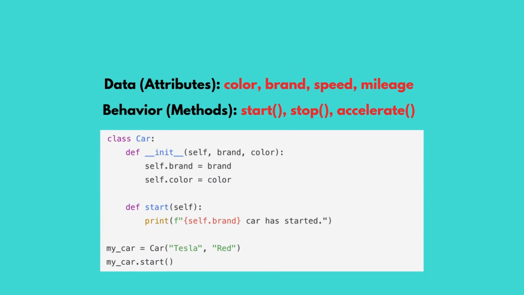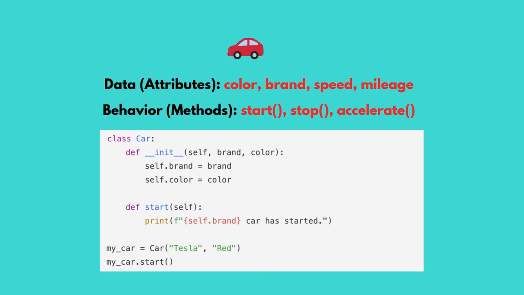First, let's understand what data is and what behavior is for a real world object. Suppose, take an example, we have a car. Okay, so what data will it have? It has some color, it has a brand, it has some speed, some mileage.